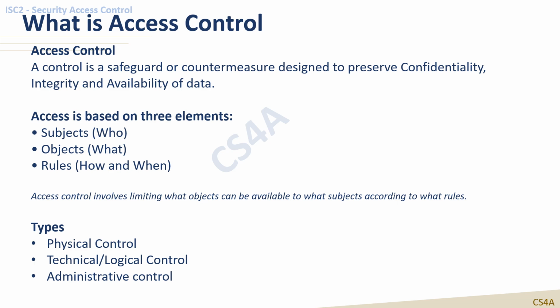Technical and logical control limits the connection to the computers, network systems, and the data. Administrative control is a set of security rules, policies, procedures, or guidelines specified by the management to control access and usage of confidential information.